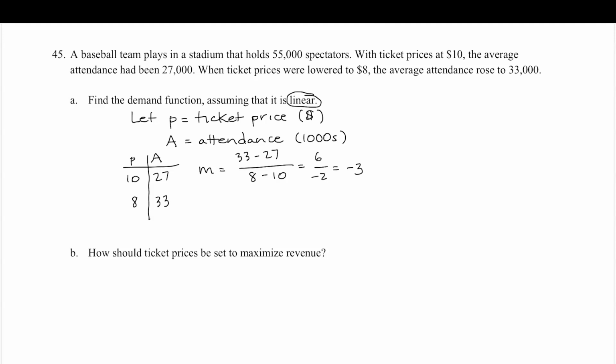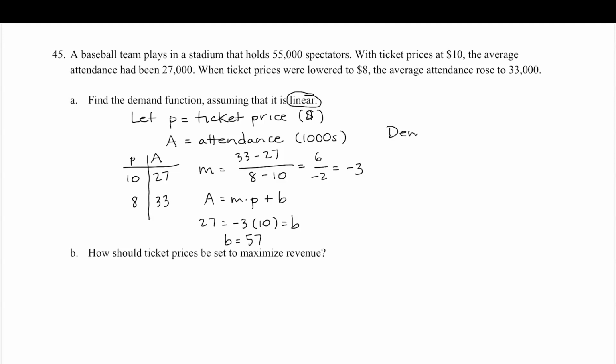Now, in terms of coming up with an equation for demand, I can follow this table down until I get to a price of 0, or I can say, okay, I have attendance equals some slope times price plus a vertical intercept, and when my attendance is 27, I have a slope of -3 times a ticket price of $10, and that would give me 57 as my vertical intercept.